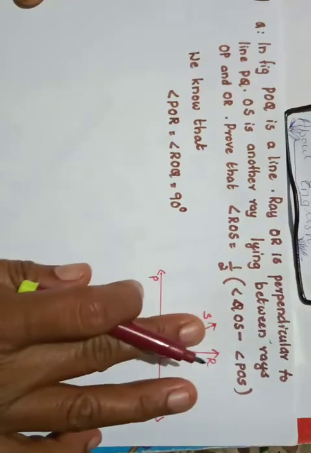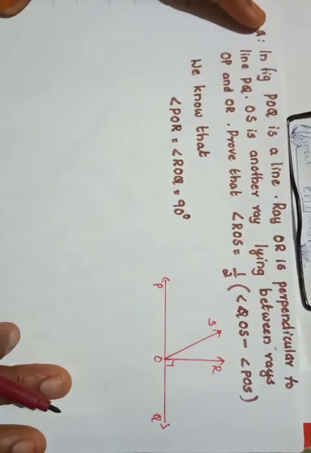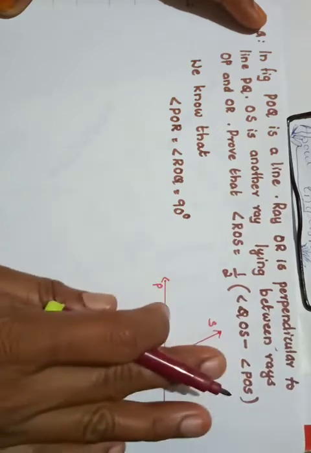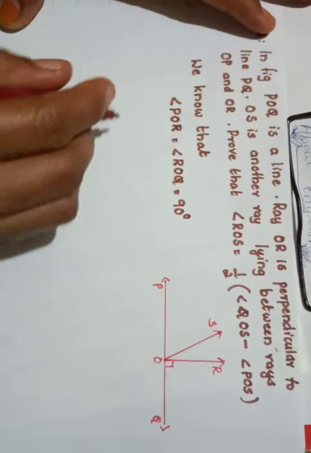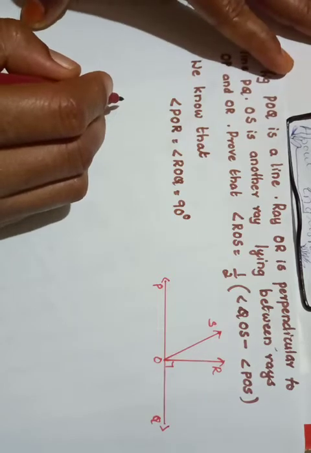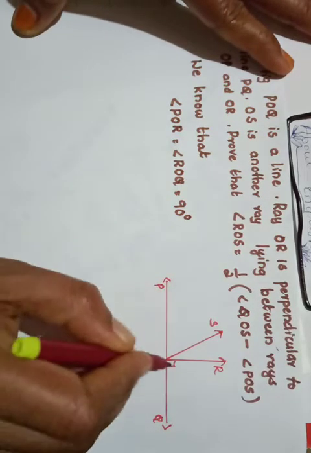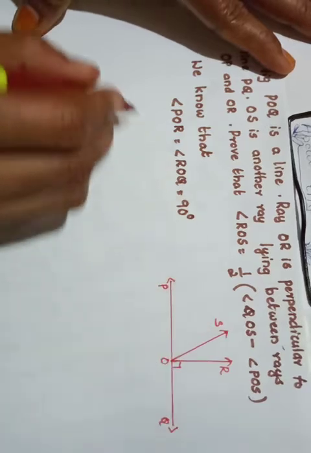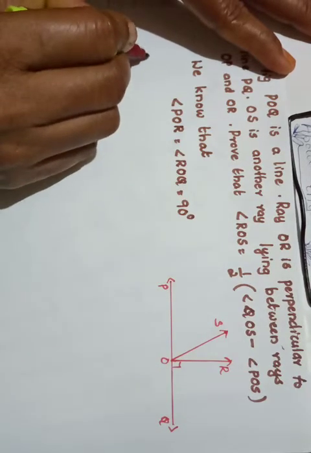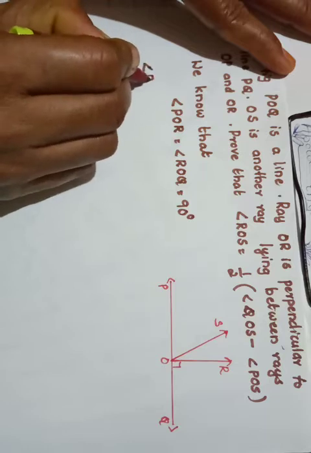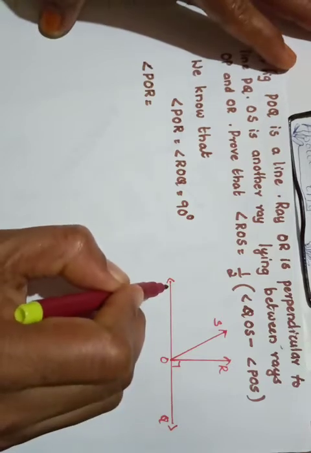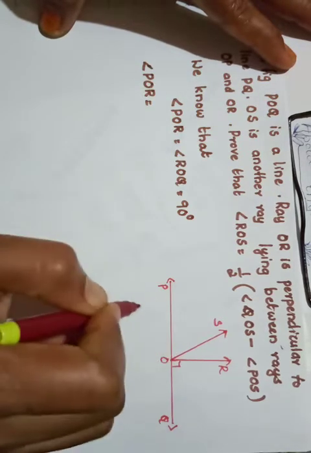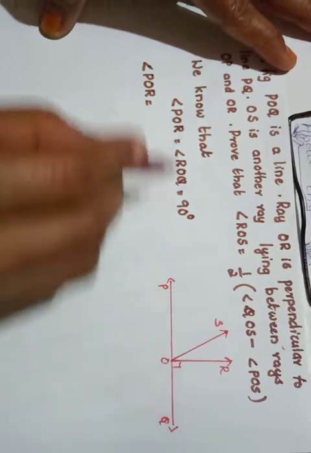So if this OS is not here, what will you get? POR and ROQ are each 90 degrees. Okay. Now we can take one more condition, that is angle POR. Is it an adjacent angle of POS and ROS?